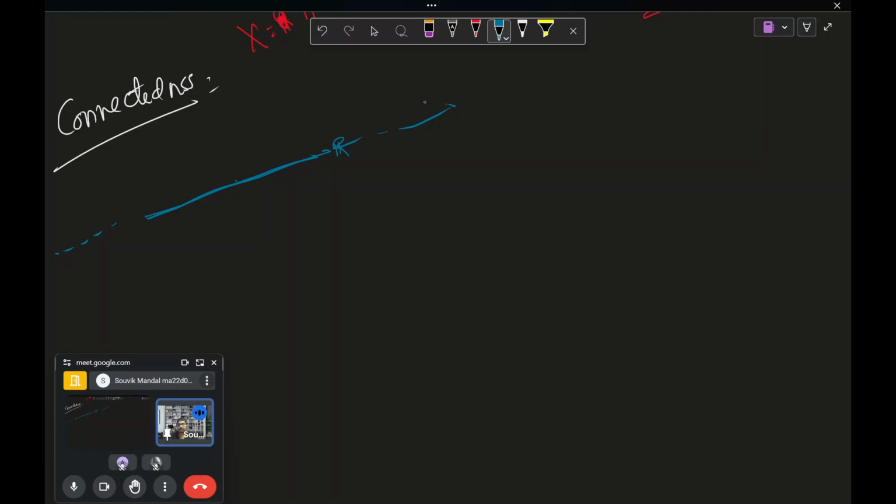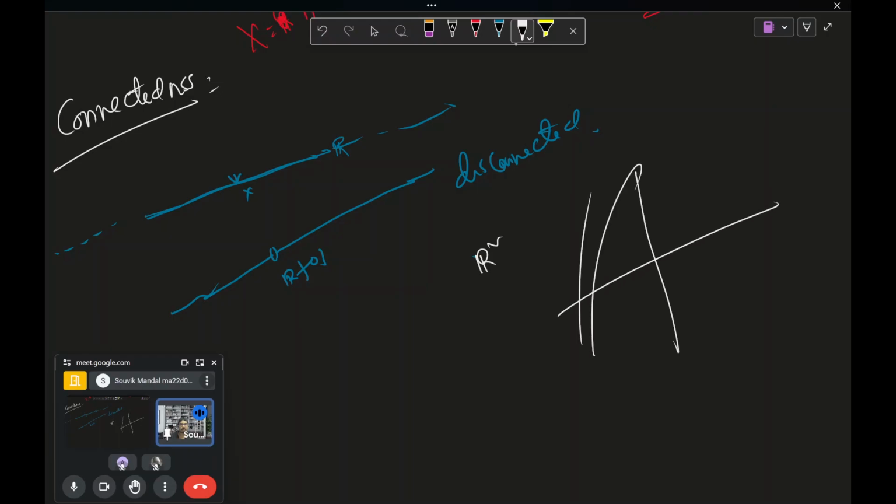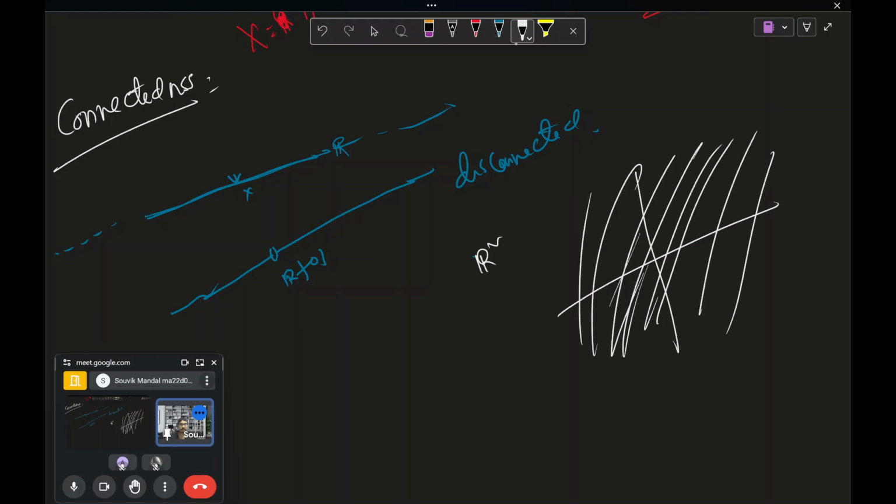But if we remove one point, then we will get something like this. So this is R minus 0, suppose. So this is disconnected. Why? Because there is a disconnection. Similarly, if we consider the Euclidean plane, that is R2, the whole plane, it is connected because there is no disconnection.